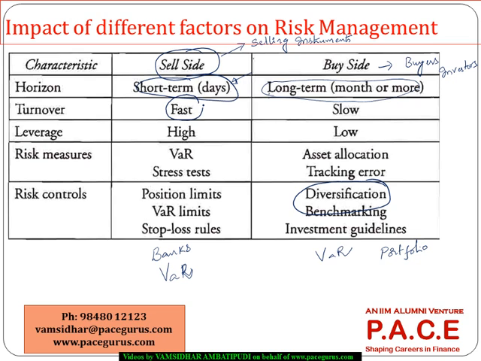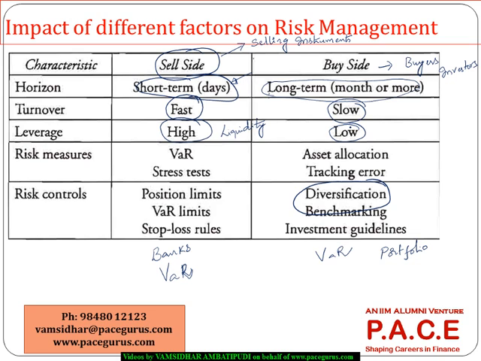And here for the banks, the turnover has to be very fast, whereas from a buyer's perspective it is much lesser. Banks use heavy leverage, so the risk associated with liquidity and leverage is quite higher from a sell side perspective, whereas as an individual investor, I may not take that huge a leverage to hold my positions.